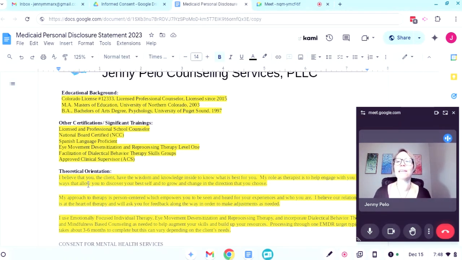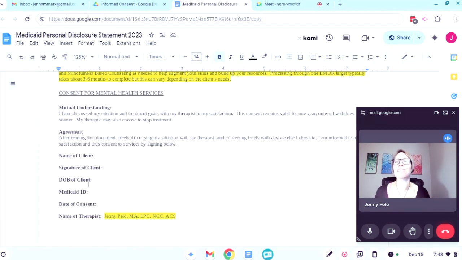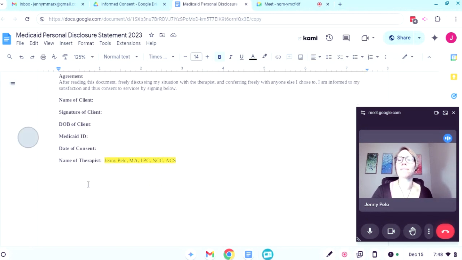So I tried to highlight every place where it's specific to me and you would want to change it for you. My educational background, certifications, theoretical orientation. And then the very bottom is your consent for mental health services, mutual understanding, agreement, and then people would sign there.